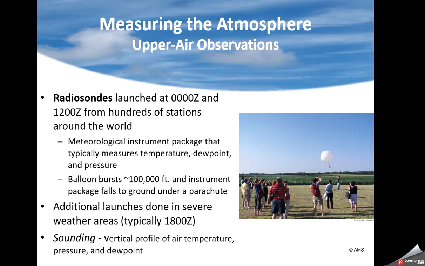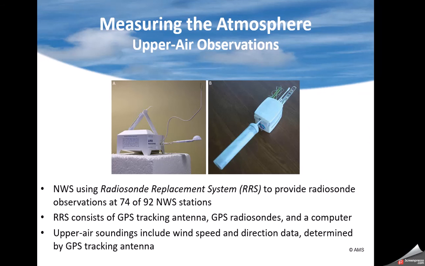Radiosondes are just upper air balloons. They carry a little instrument up, and every second as that instrument's going up, it's calculating a temperature, it's getting a pressure, and it's calculating the amount of moisture. So you wind up getting a vertical profile of the air. And here's a look at that little instrument.